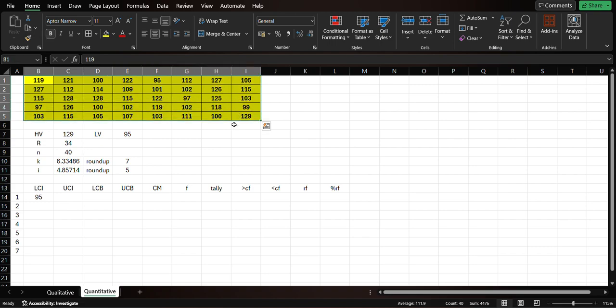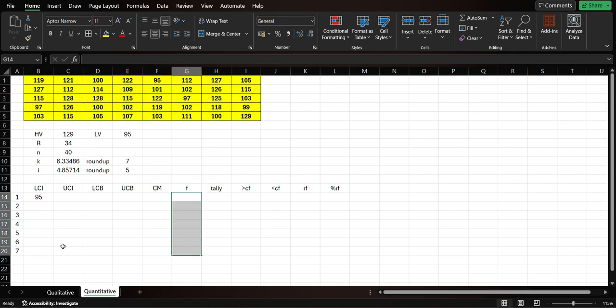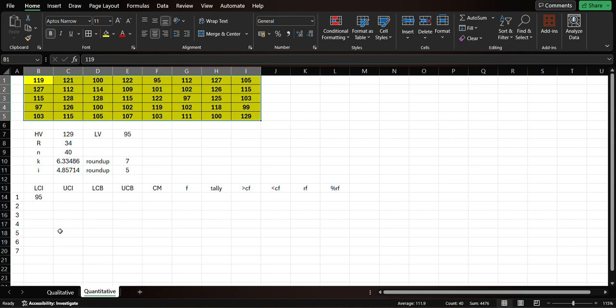All right, so 95. If my lowest class interval is 95, then I'm assured that the lowest number would be counted. But how am I going to be sure that all of these 40 would be included in the frequencies of the 7 groups? The easiest answer is that since the lowest value is there, the highest value should also be in one of these groups.